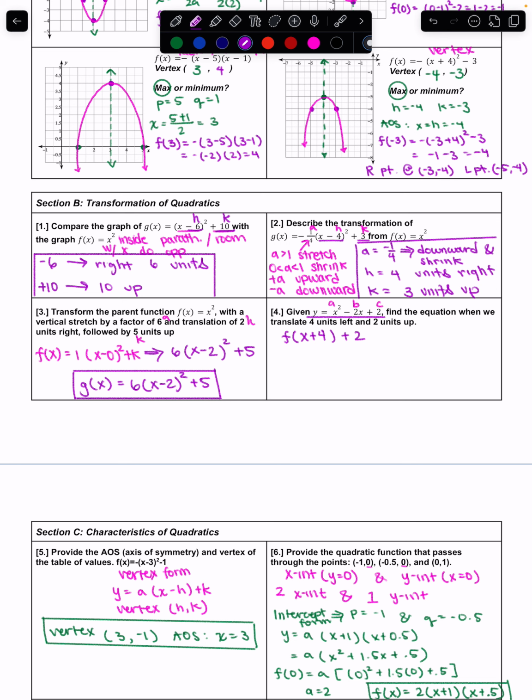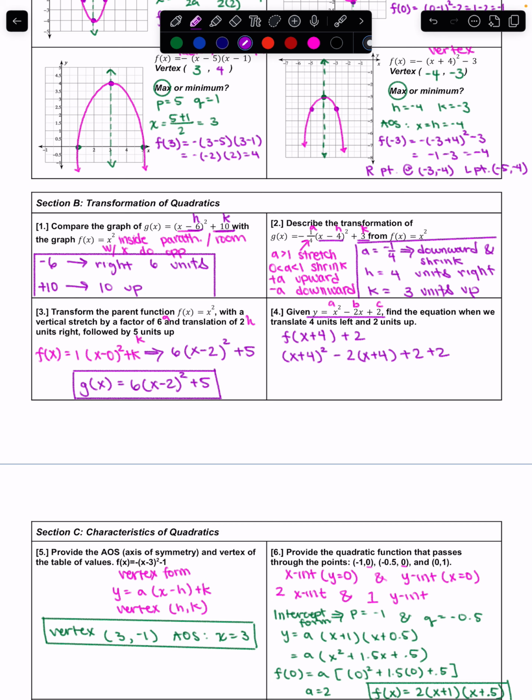Okay, so we have x squared, so now we have x plus 4 squared, then we have that minus 2, so just replace the x with x plus 4, so we have now negative 2 times x plus 4, and then we have that plus 2, and then we're adding another plus 2, okay, because we want to go 2 units up.